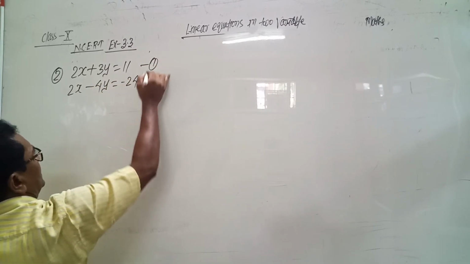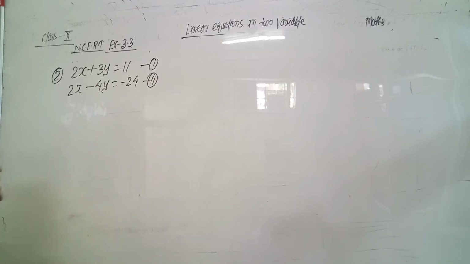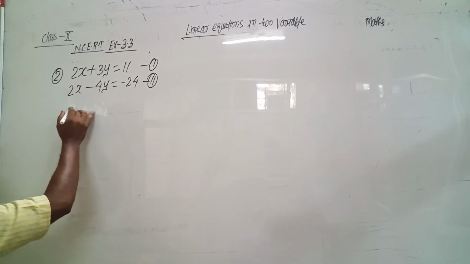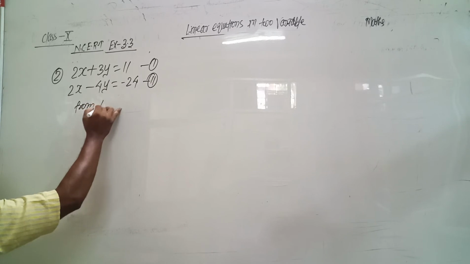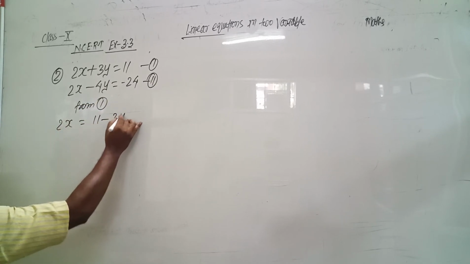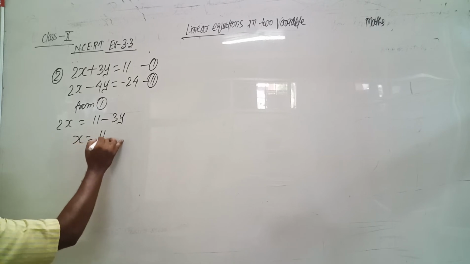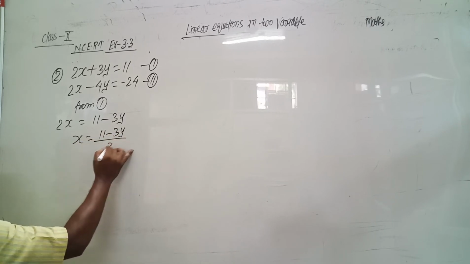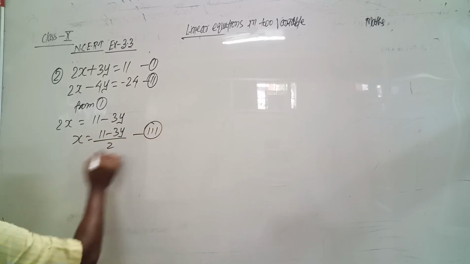We eliminate the value of x or y from the first. So from the first, the value of 2x equals 11 minus 3y, and we get the value of x as 11 minus 3y by 2. Name it equation number third.